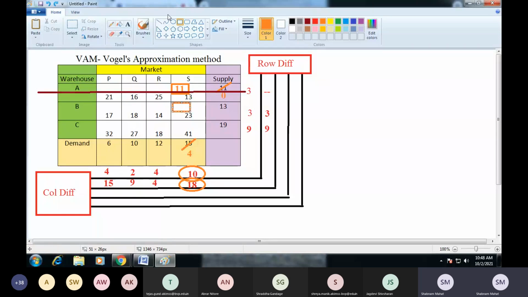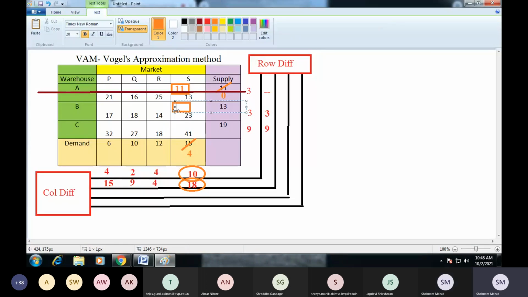Now check the supply and demand available for this cell. Supply available is 13 units and demand for this cell is only 4 units. So what is the minimum? My demand is minimum, so I provide the total demand.